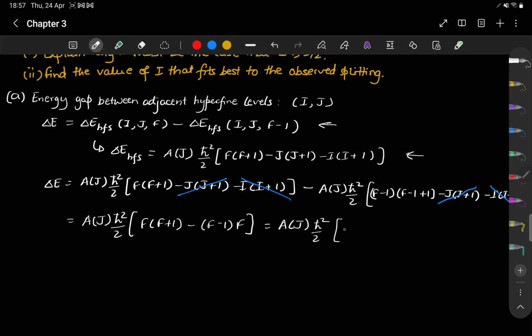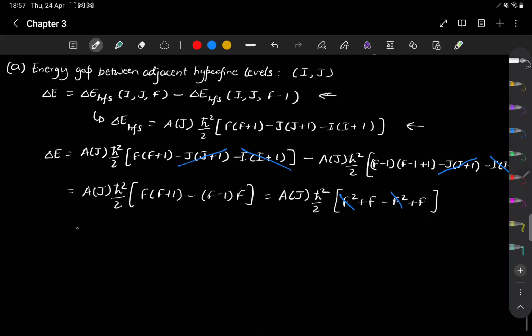This gives me F squared plus F minus F squared, and minus minus makes it plus, plus F. Again, F squared cancels out, so we are left with 2F, and the 2 of the numerator cancels out with the 2 in the denominator in this h cross squared by 2. So finally I am left with the following.